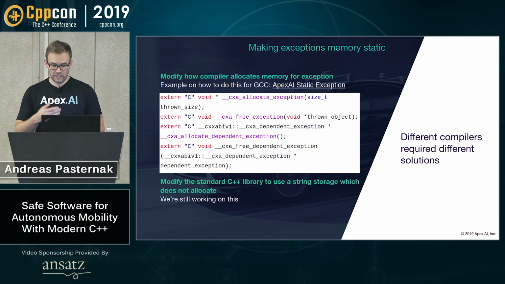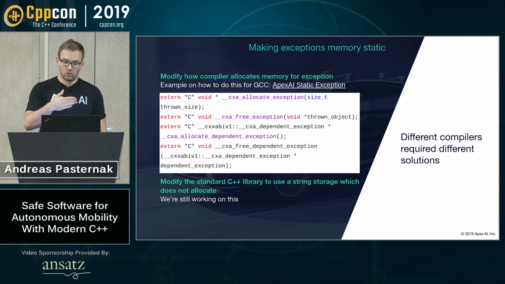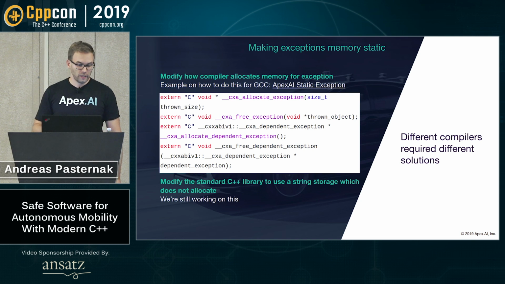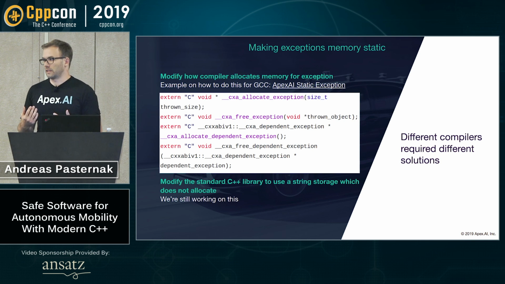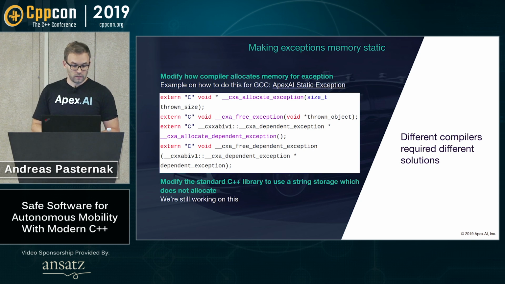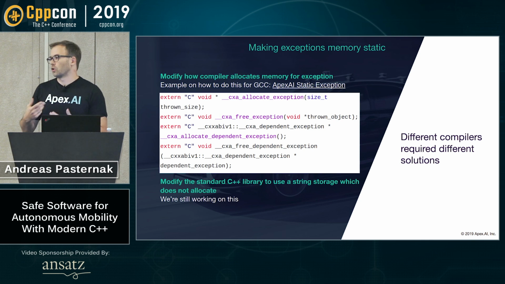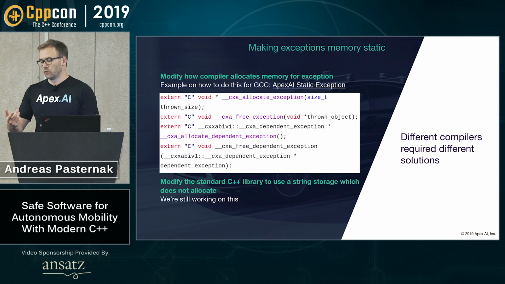To make your life easier, we have an open source library that already replaces these functions for you, and it also has a lock-free memory buffer where the exception memory is allocated from. You can also configure what will happen if you run out of exception storage.